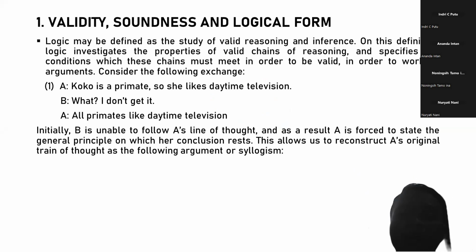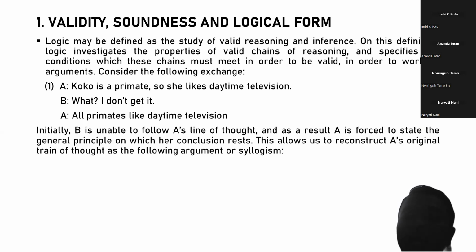Logic may be defined as the study of valid reasoning and inference. On this definition, logic investigates the properties of valid chains of reasoning and specifies the conditions which these chains must meet in order to be valid.